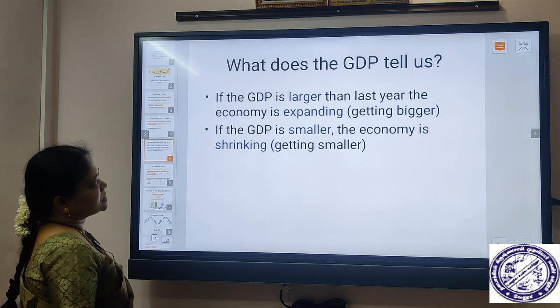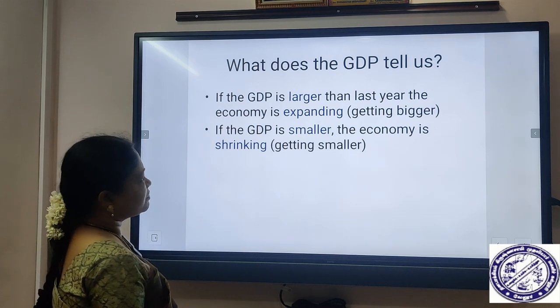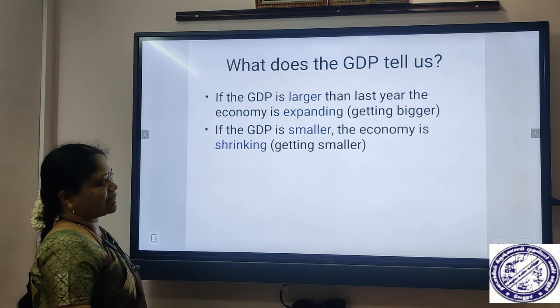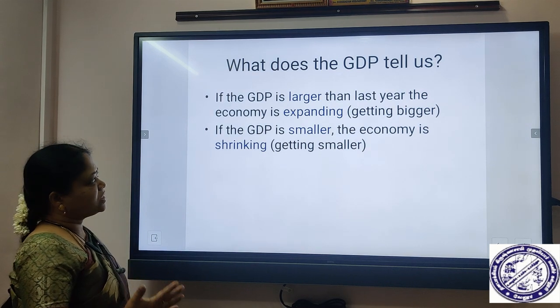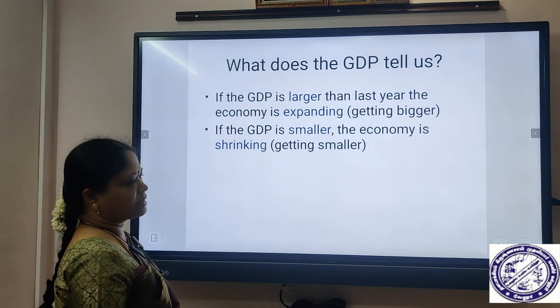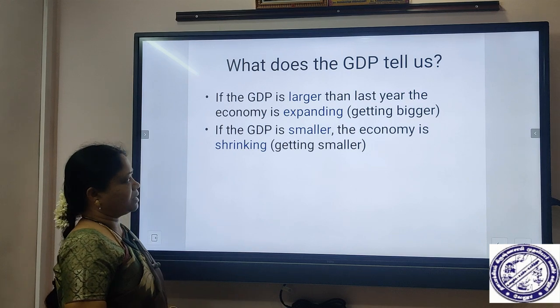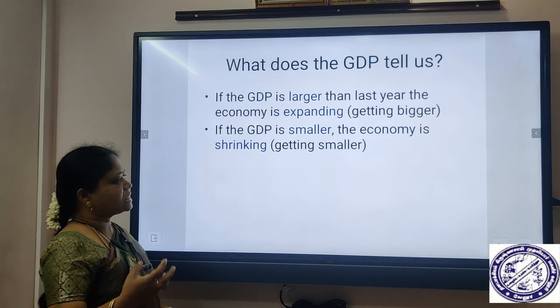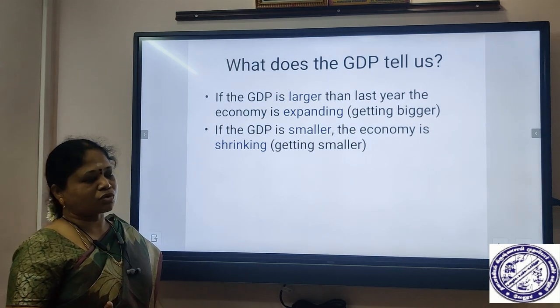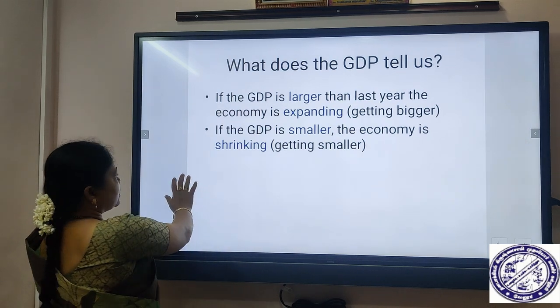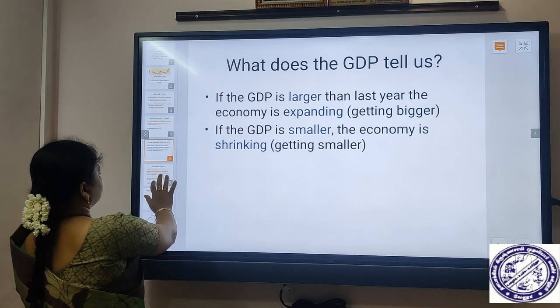So what does this GDP tell us? If the GDP is larger than last year, the economy is expanding. That is, if the GDP is higher than the previous year, then it indicates that the economy is developing. Or if the value of the gross domestic product comes down, it shows that the economy is shrinking.